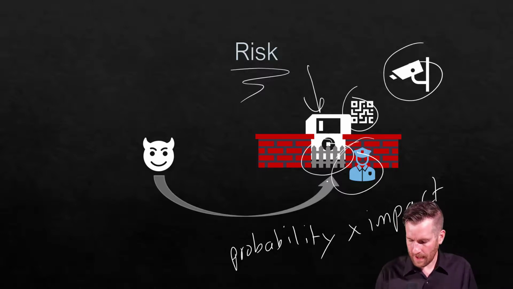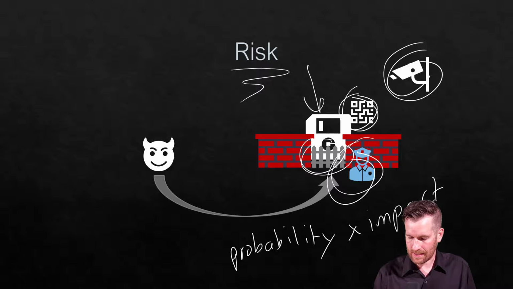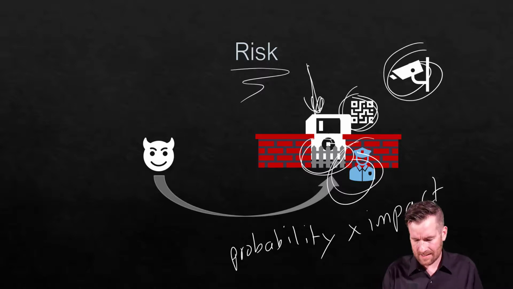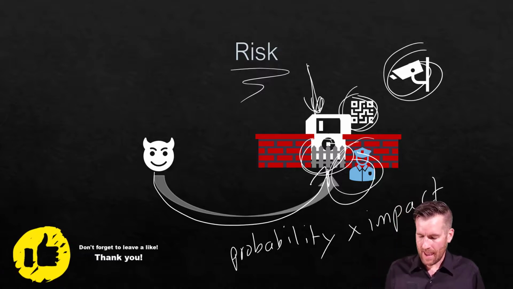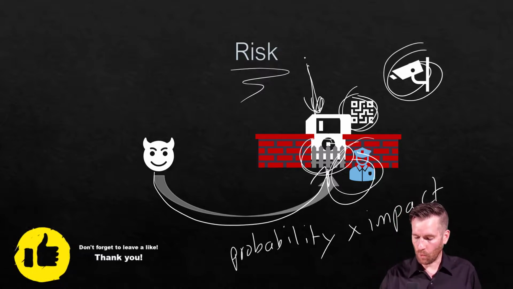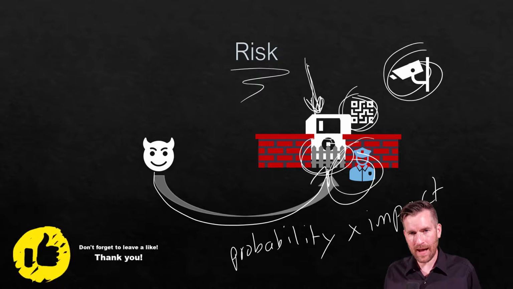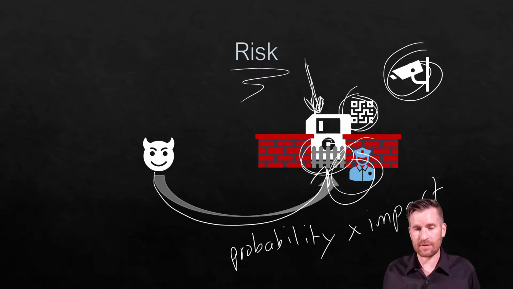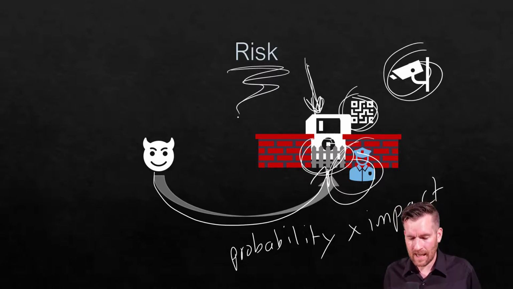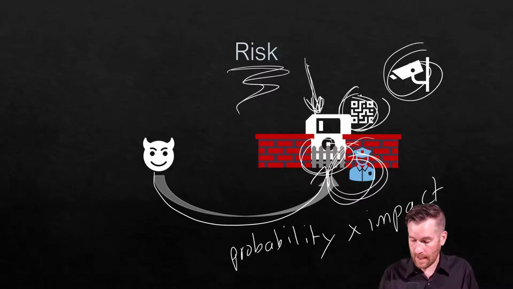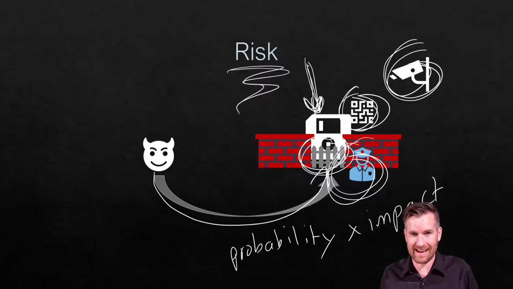As we take all of these steps to secure this data, what are the chances now that this hacker is going to be able to break into the system and get this data? And if they were to get that data, how impactful would it be to the business, and how devastating would it be to the business? And that is the amount of risk. And the risk is going to determine how many steps we're going to take to actually protect this data.